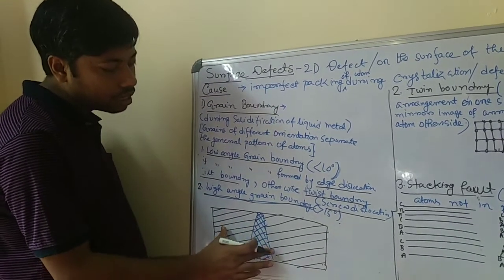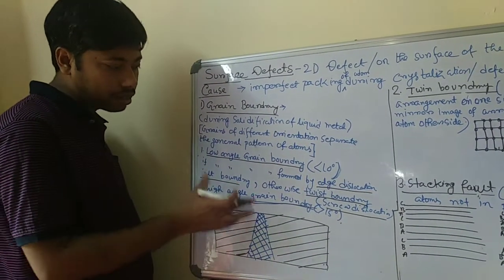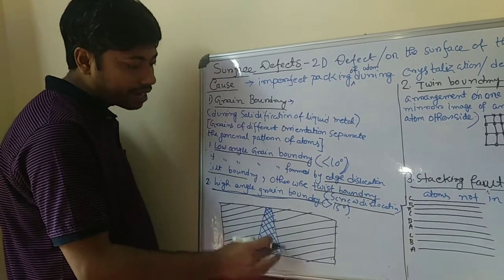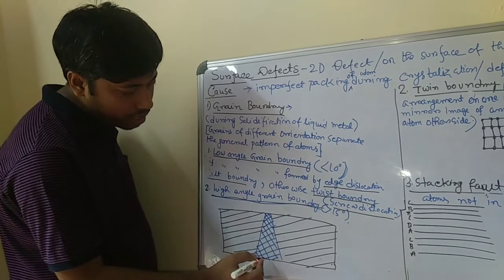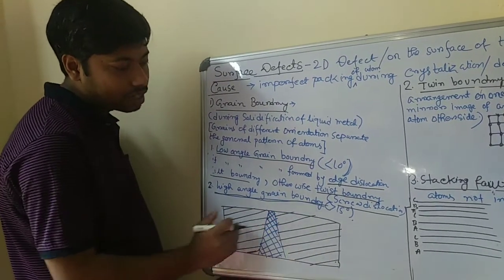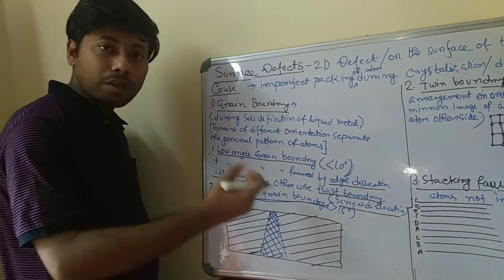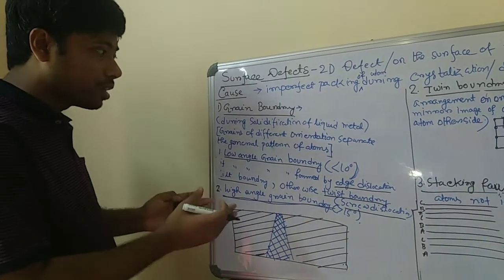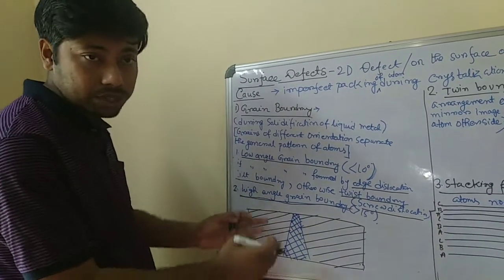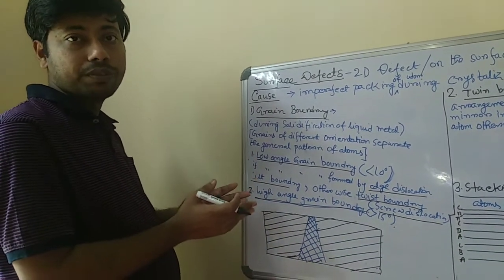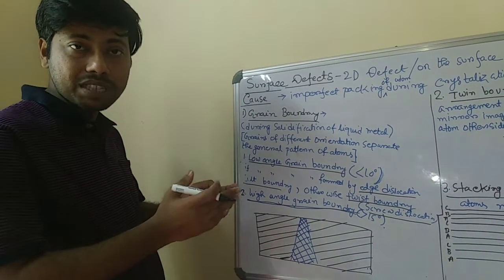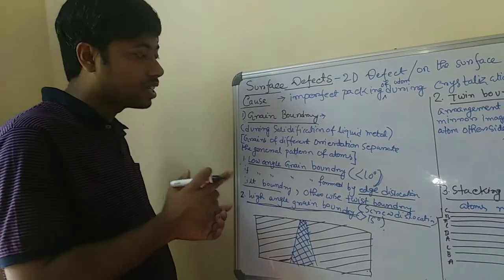In between, there is another pattern, which you see in the diagram in a bluish color. That pattern is different from the orientation of the atoms on the other two sides. So this is the difference. That forms a grain boundary, which differentiates the atoms of different orientation. That is grain boundary, and that is one type of defect.